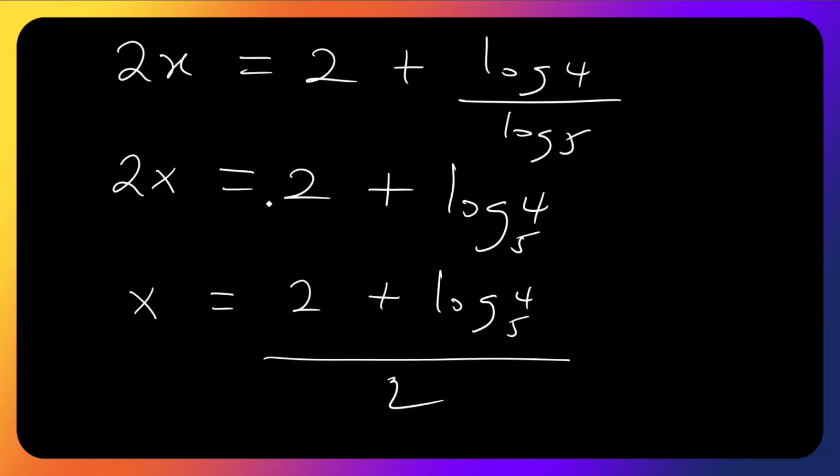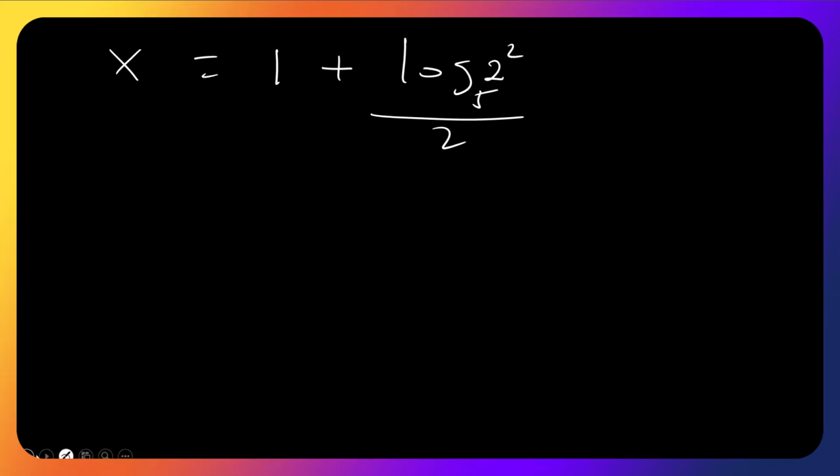So that's the same as 2 over 2 plus log 4 to base 5 on 2. Now, can we change this one? So we have 4 here. Can make it 2 squared.